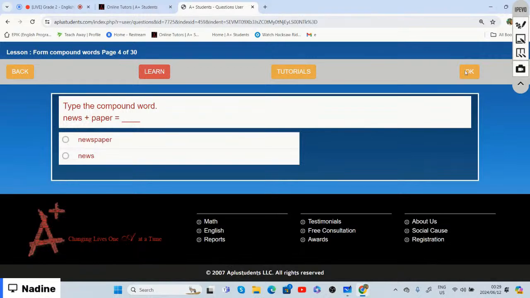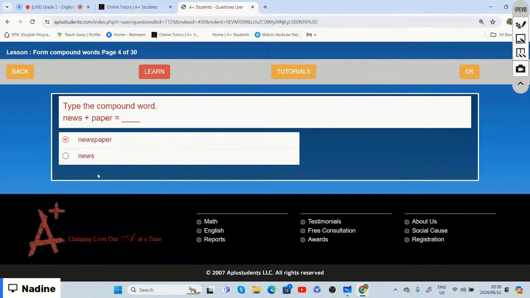Then we have news plus paper. News plus paper, is it newspaper or is it just news? News plus paper, is it newspaper or just news? Yes, and if we were to choose the correct compound word, then we would say it is newspaper.